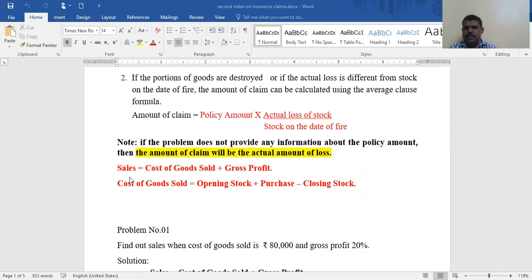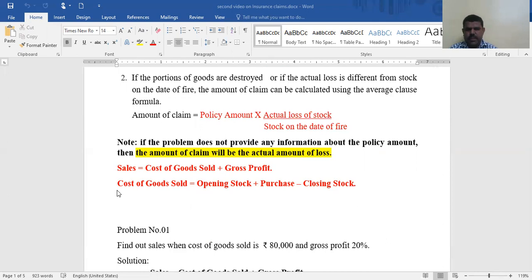So here, profit is based on sales. Then sale will become 100%, and out of this 100%, a part is the percentage of gross profit, and the difference is called cost of goods sold. Then we have to find out cost of goods sold, formula: opening stock plus purchases minus the closing stock.